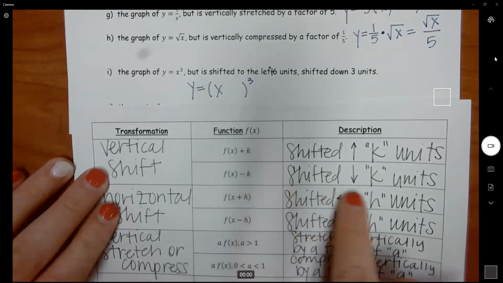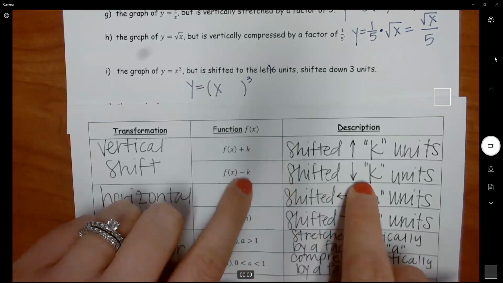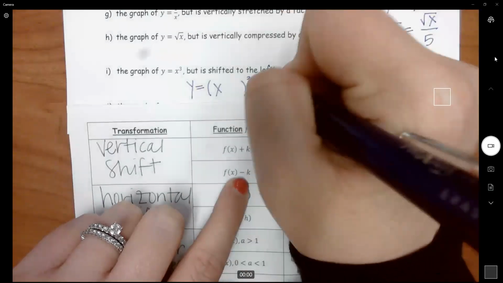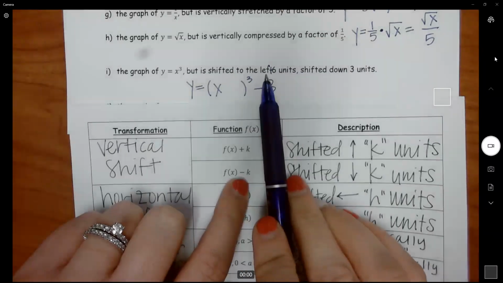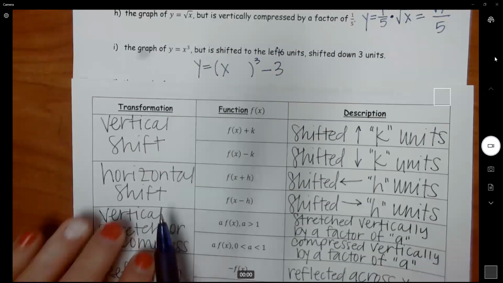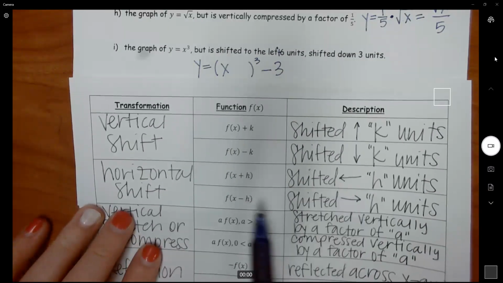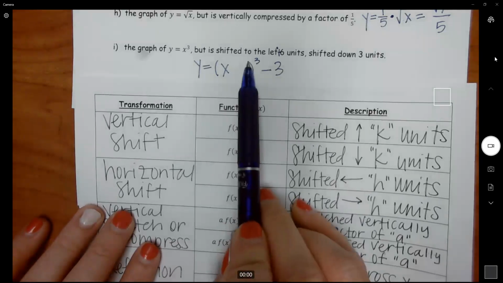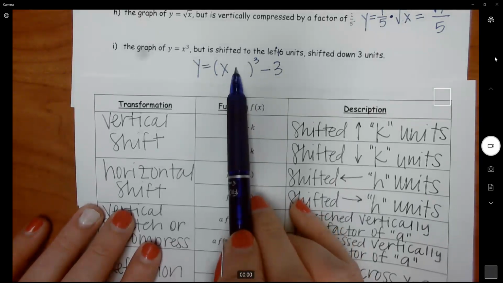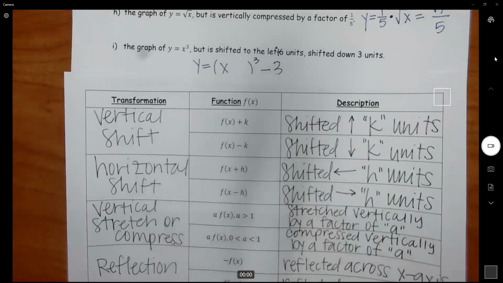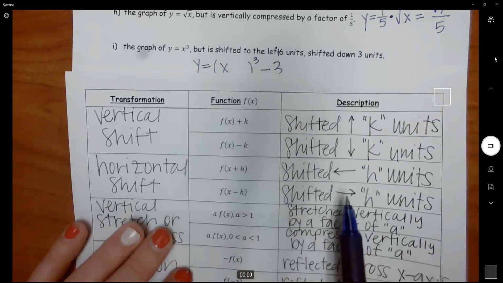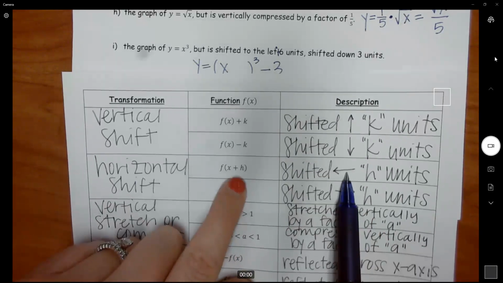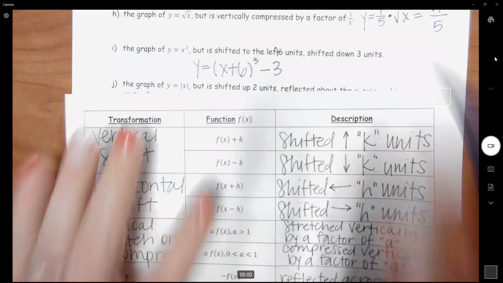So if I'm going down 3, those signs are the same. Down is minus, so this is minus 3. And then to the left 6, when it is going left and right, it goes inside the function, which would be here in the grouping in the parentheses. And we are going to the left. When we go to the left, it is positive. So this is plus 6.